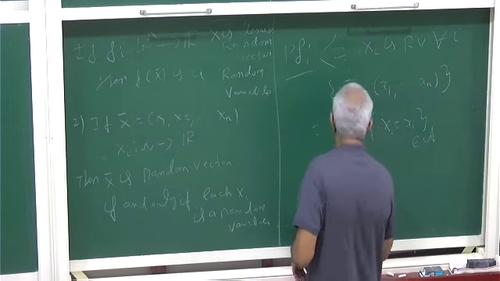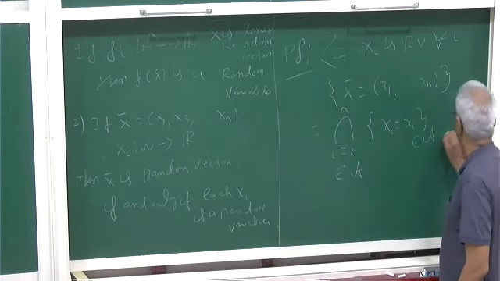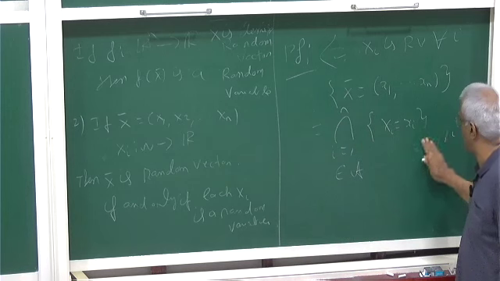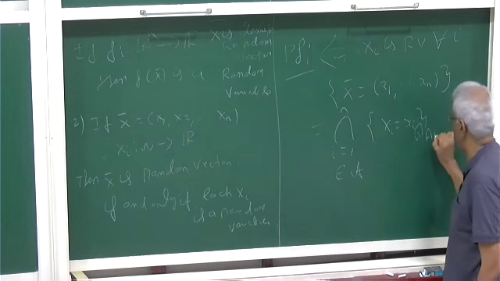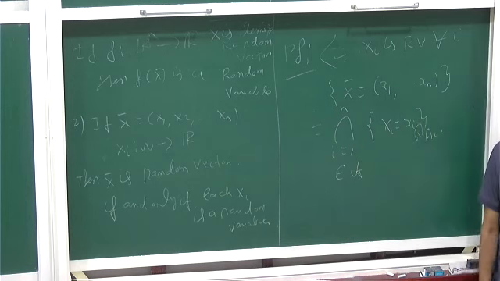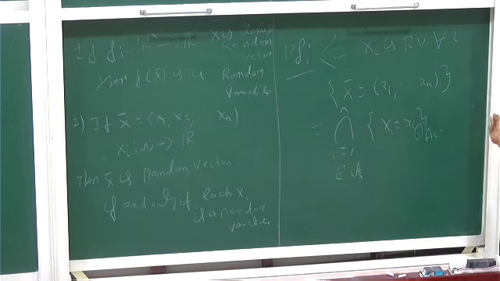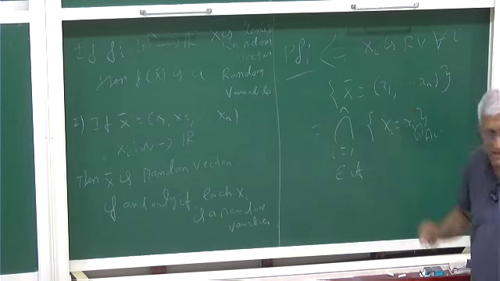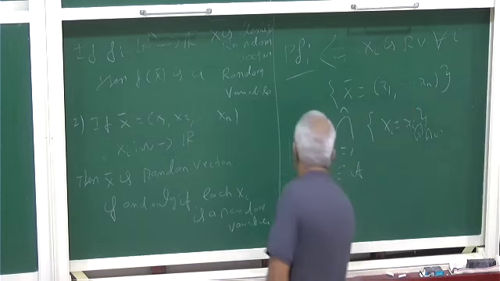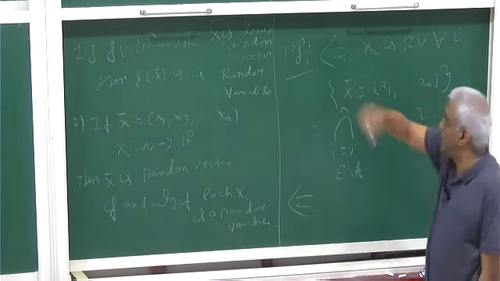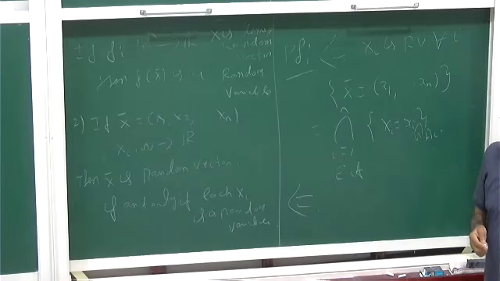So this set is in A, because we are taking an intersection. So if you have n random variables, you can get a random vector like that. Similarly, we have already proved that you can take a function of any random vector and get a random variable.